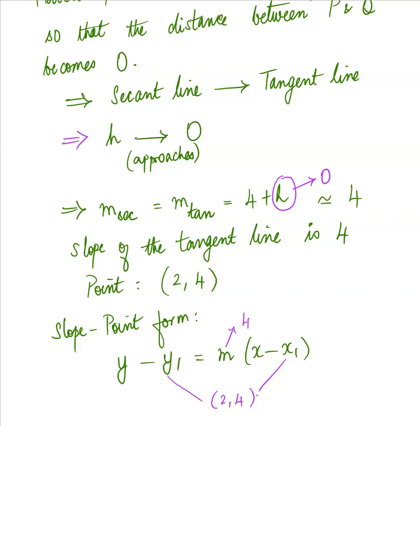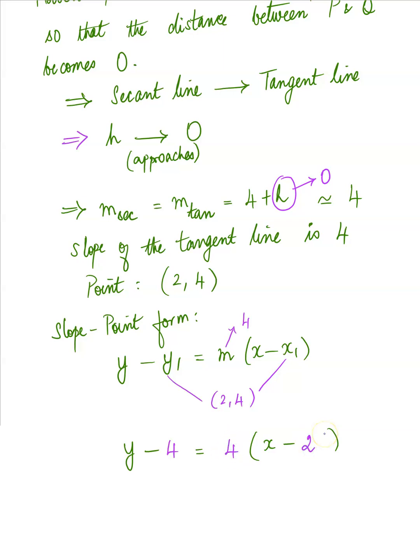Remember y1 comes first, so you have to plug in 4 first. So I'm just going to leave those spaces to plug in. That's 4. m was also 4.